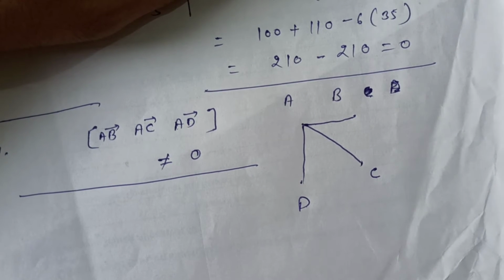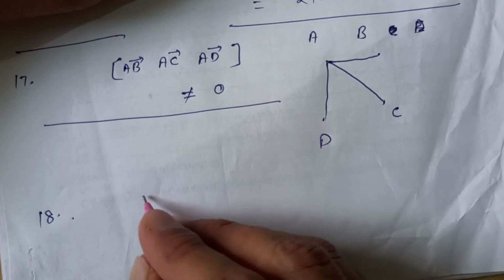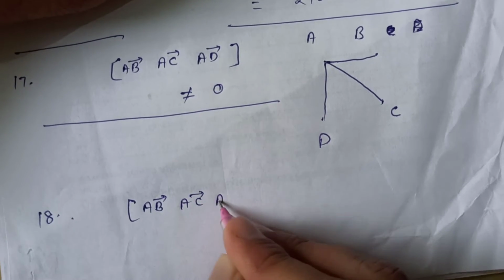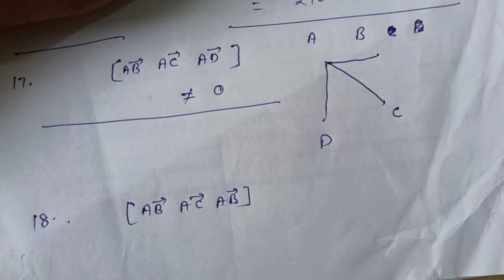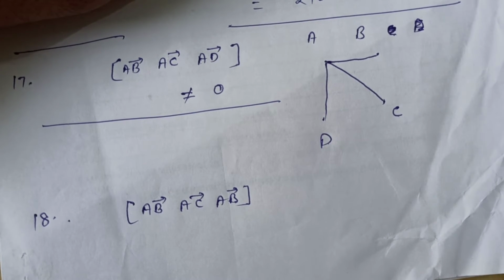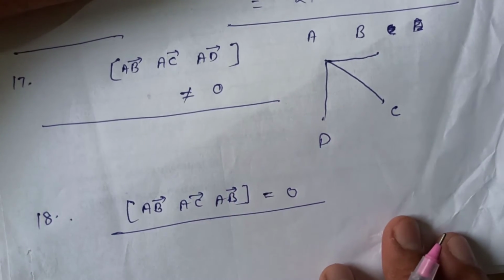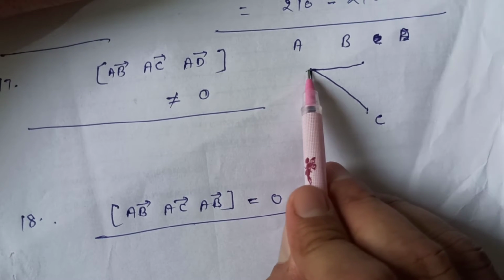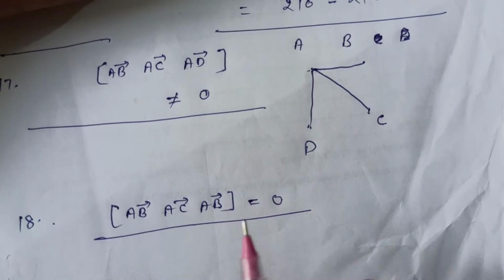Show that the 4 points having position vector are coplanar. Same is the 18th sum. Here check the given vectors formed by 4 points are coplanar if scalar triple product is equal to 0. Consider 4 points, make 3 coterminous vectors from these 4 points by fixing one of the points.